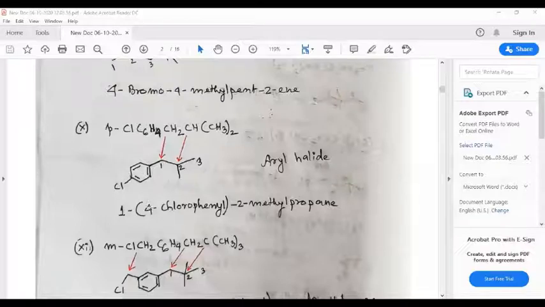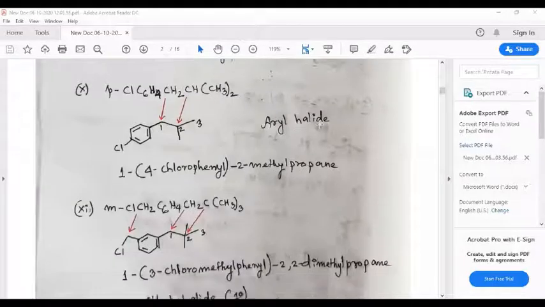So it becomes 4-chlorophenyl. That means at one position of the propane molecule, there is one 4-chlorophenyl group. Then 2-methylpropane. It's an aryl halide.